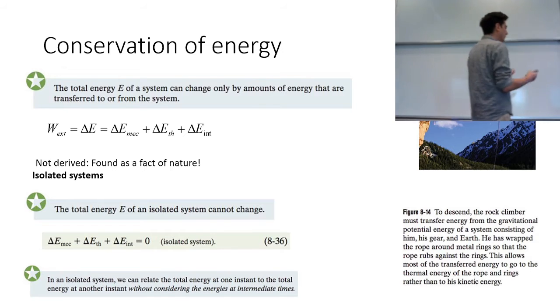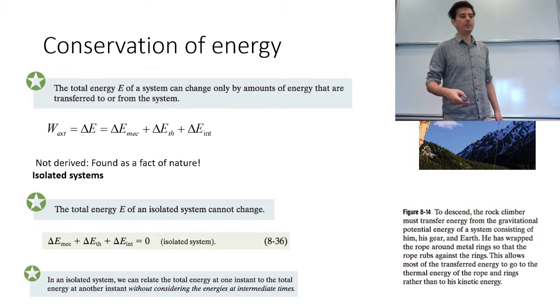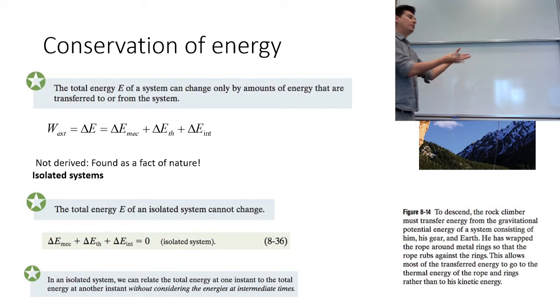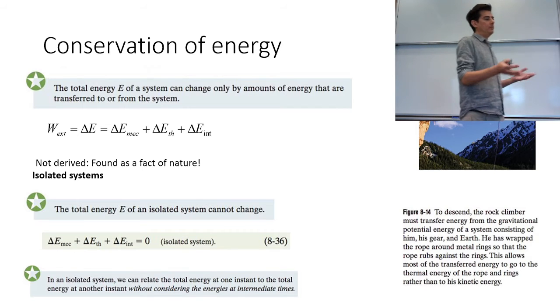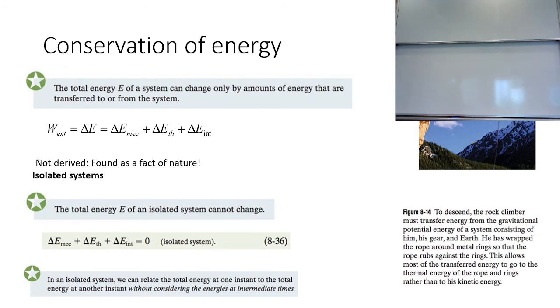You've got mechanical energy that might go up or down, but then that eventually gets converted into, say, thermal or internal energy. Perhaps in some cases, usually the internal energy goes down and then it gets converted into some of these other things, but in principle there's no reason why it couldn't go the other way.